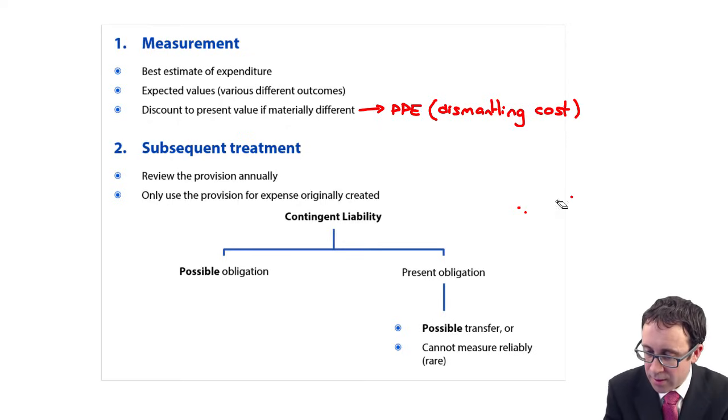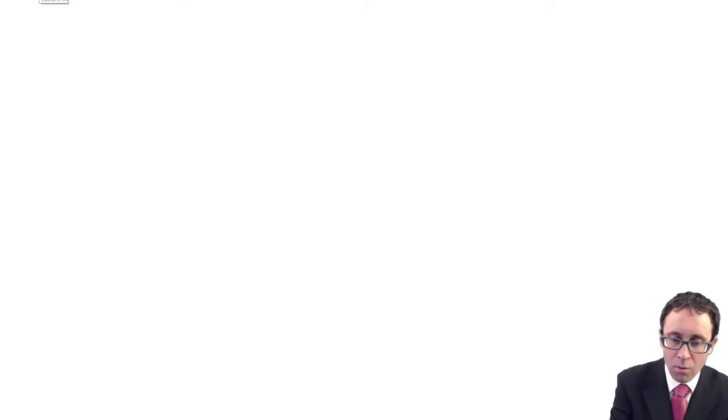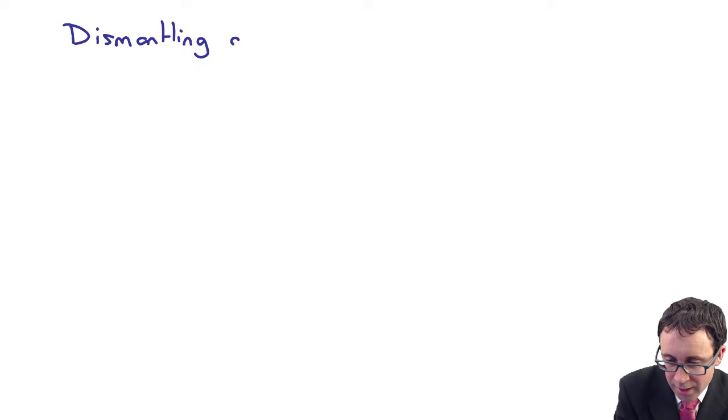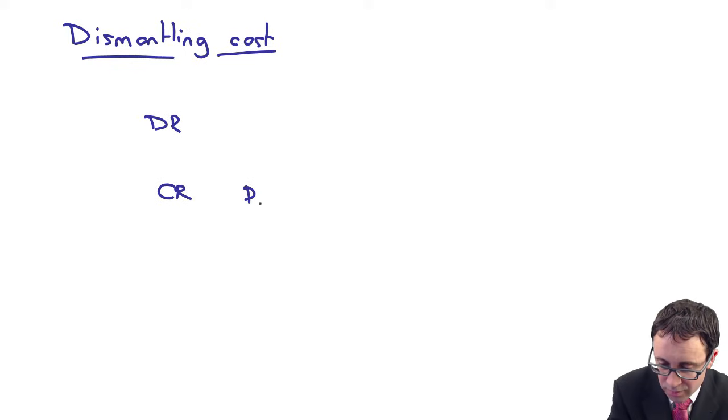So remember that, with the dismantling cost, what happens there is that you go through and you have a legal obligation. So with the dismantling cost, we will go through that and credit the provision.